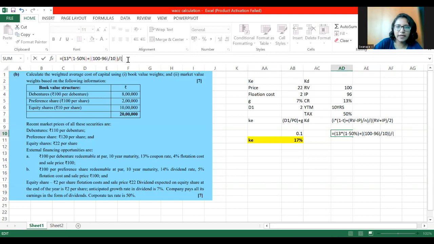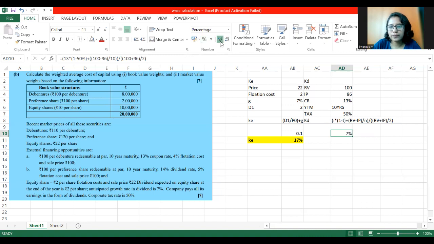All of this by the average of my issue price and my redemption value. This is our cost of debt.